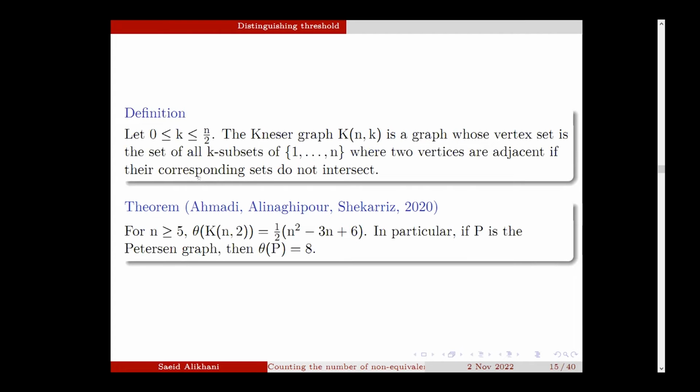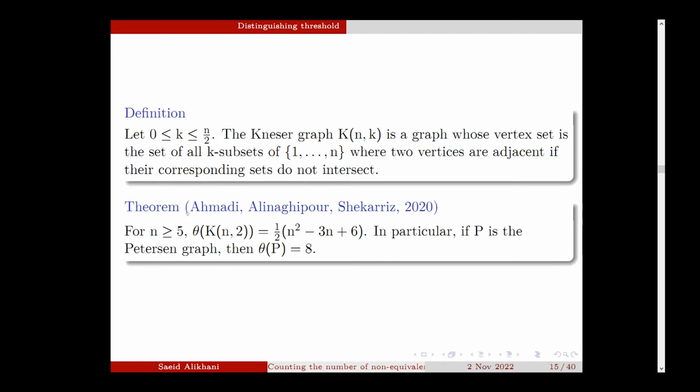And you see here a result about the distinguishing threshold of a specific Kneser graph. You know that the Kneser graph, denoted by capital K(n,k), is a graph whose vertex set is the set of all k-subsets of {1, 2, ..., n}, and two vertices are adjacent if their corresponding sets do not intersect.